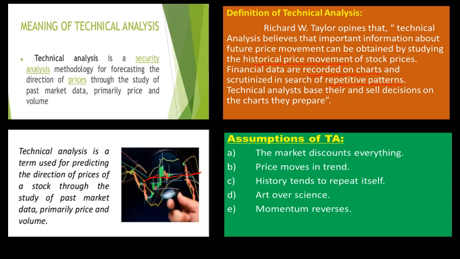The next one is that technical analysis is called art over science. Why is it called art? It is a skill. You need additional skill to take the decision of investment through technical analysis. It is not a scientific way of investment. There are a lot of theories related to technical analysis, but they are not guaranteed.